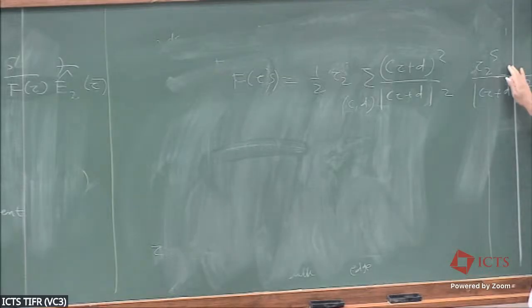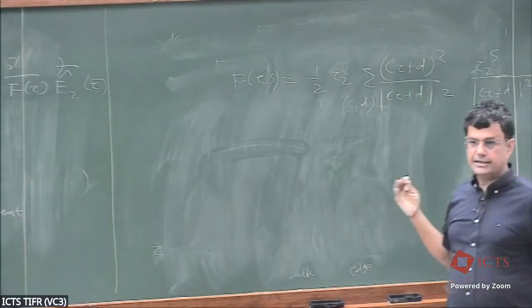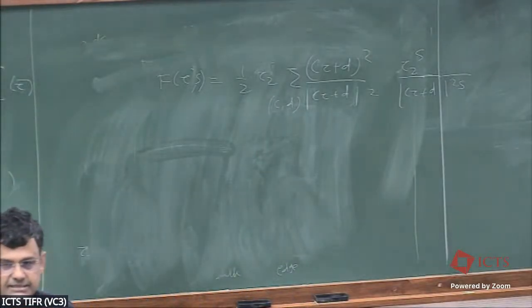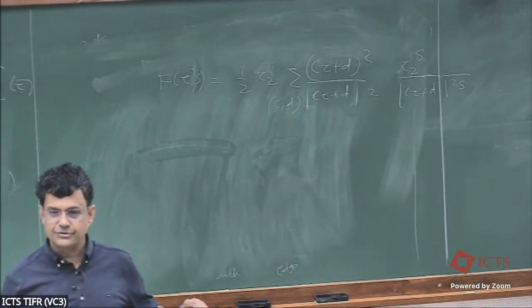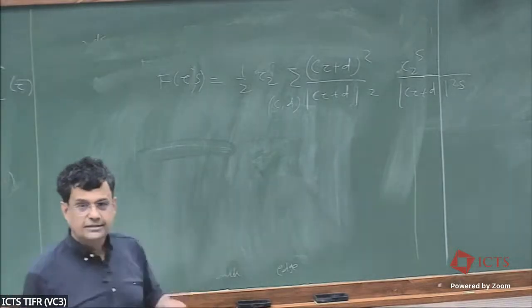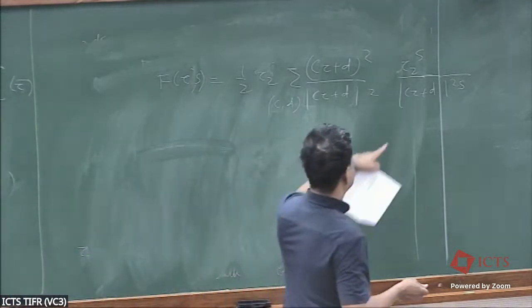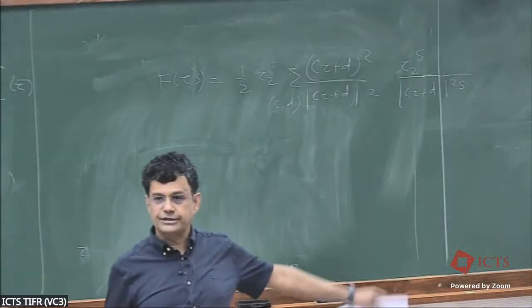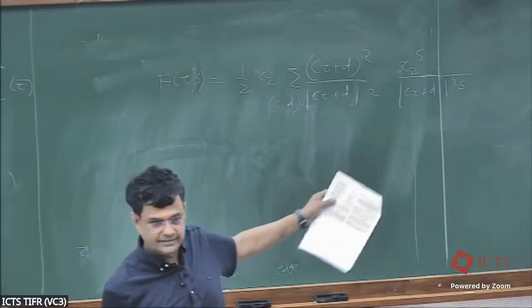Okay, so you just multiply this. This might look ad hoc, but it's basically like dimensional regularization, because if you change the number of dimensions in which you are doing the momentum integral, the number of Schwinger parameters will change. So we want to take the limit s going to 0 in the end.